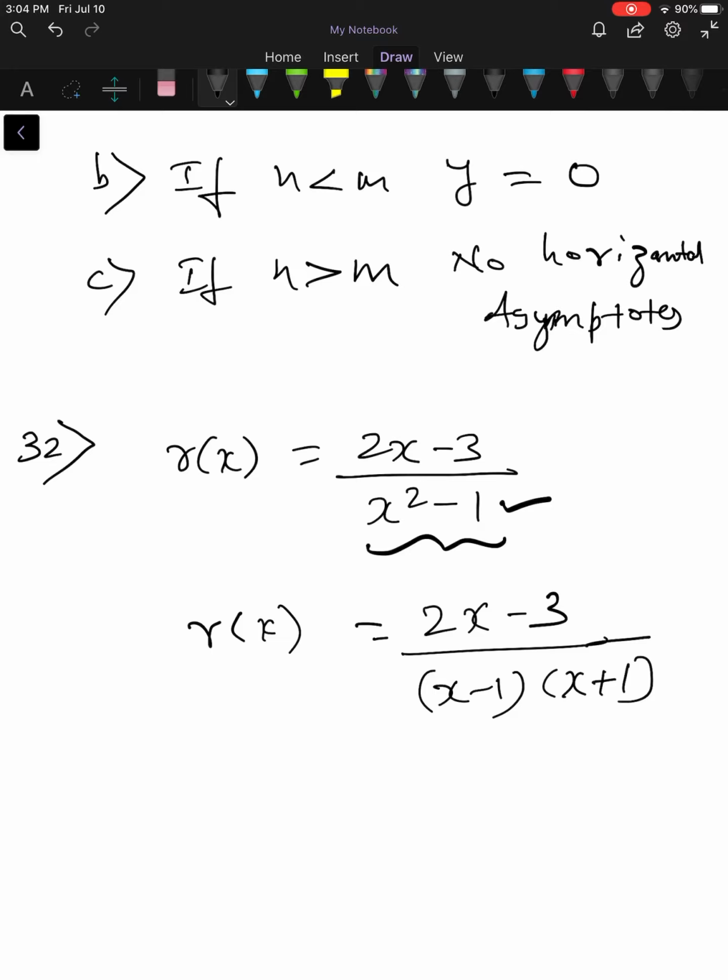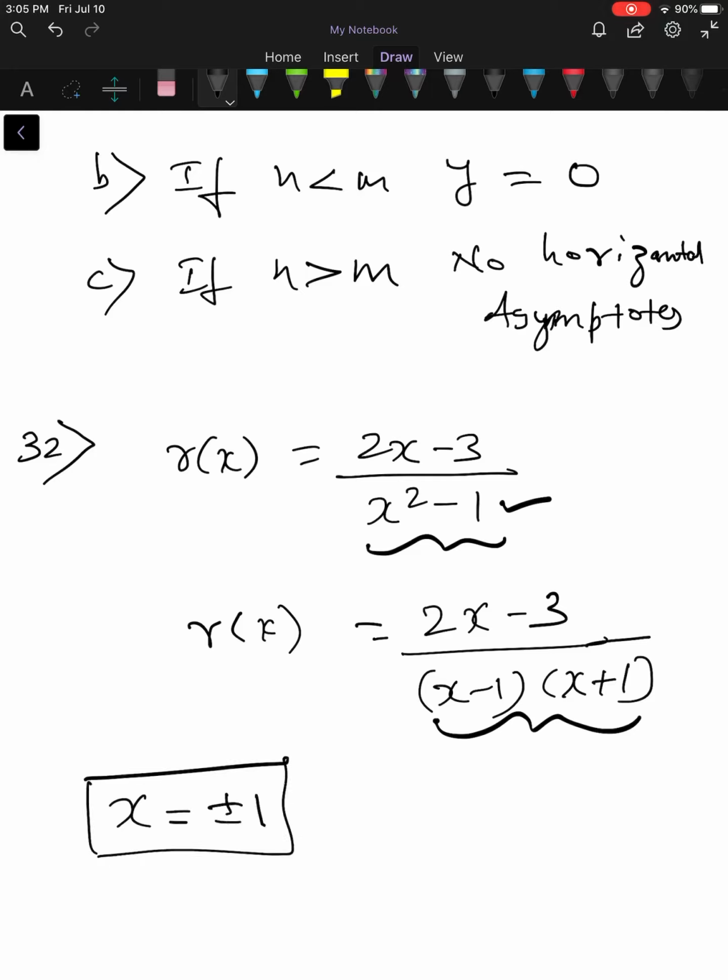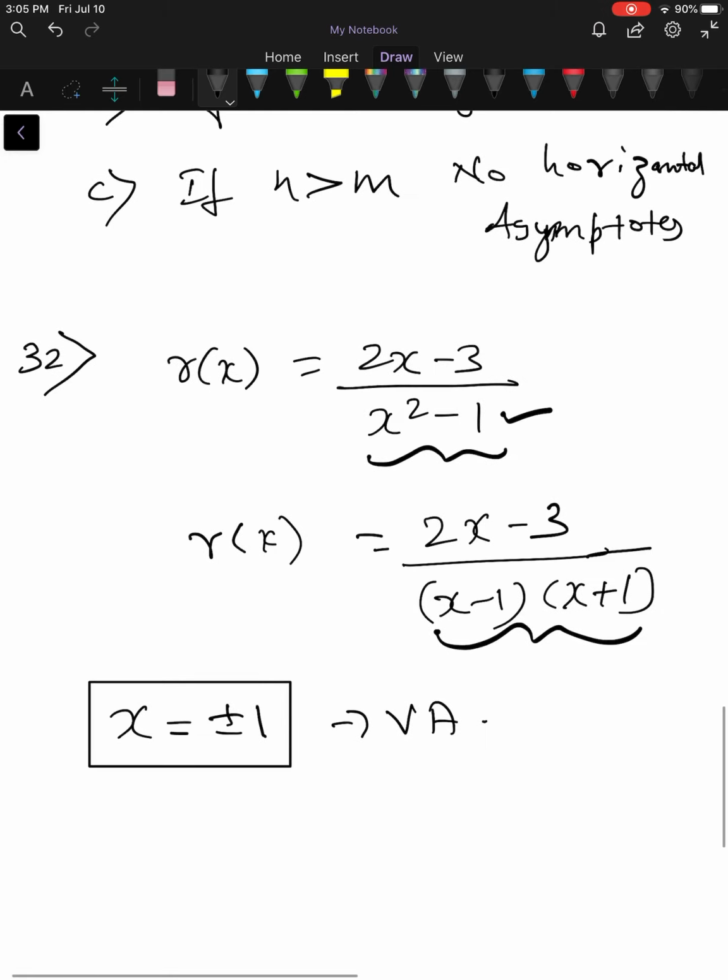Now what are the zeros of the denominator? It is x is equal to plus or minus 1. So this is nothing but the vertical asymptote of the given function. And what is the degree of the denominator? 2.